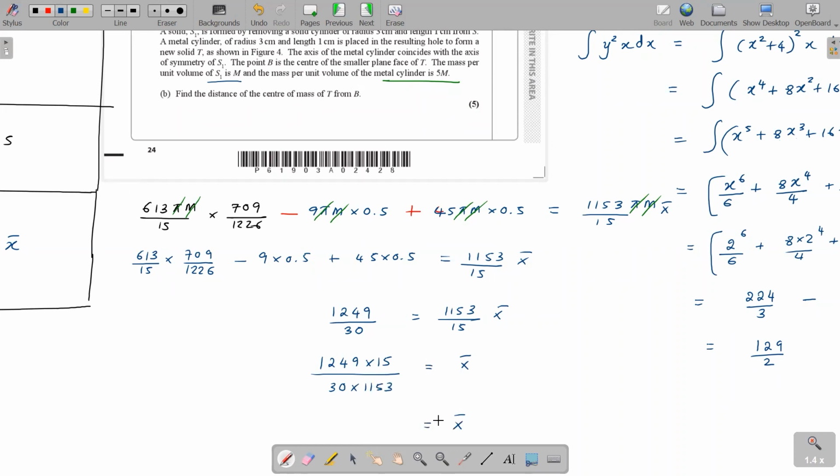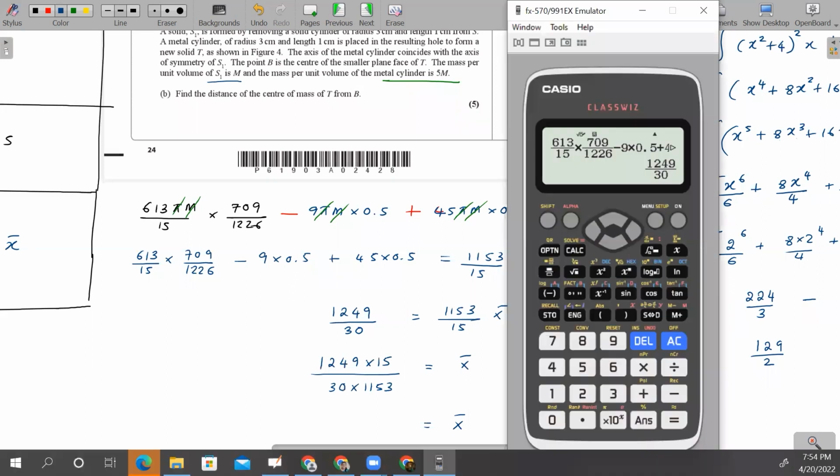Are you with me? 1249 over 30, into 15 over 1153. So I get 1249 over 2306, which is 0.5416.